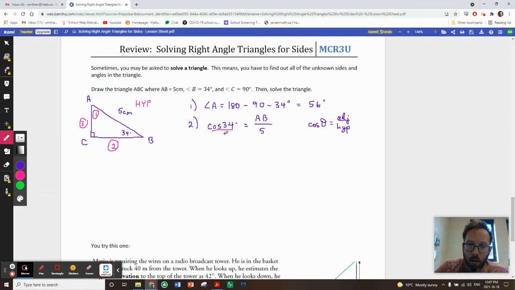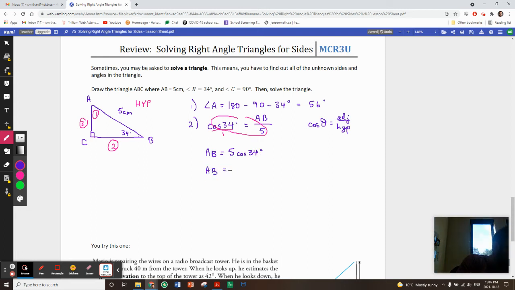We can see that what we're solving for is on top, so we'll be using multiplication. BC is simply 5 times the cosine of 34, whatever that is, 5 cosine 34. Let's call that about 4.1 meters, centimeters in this case, excuse me.